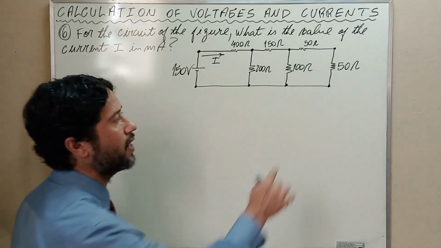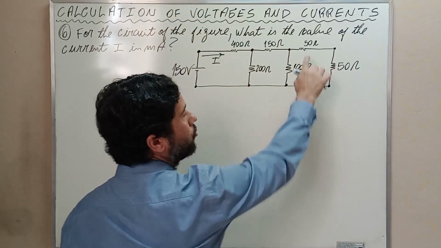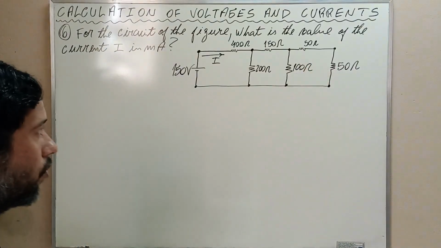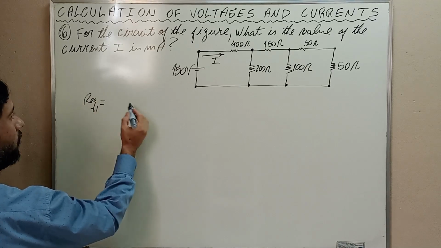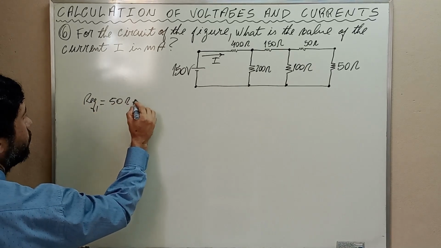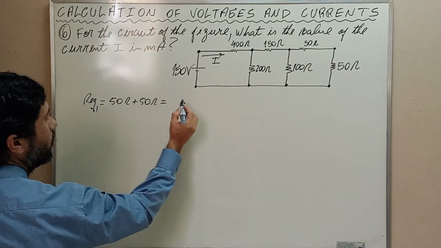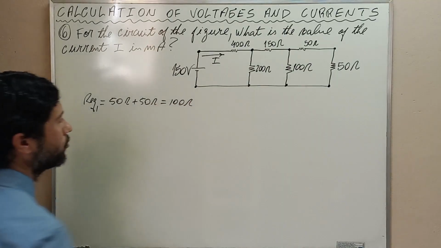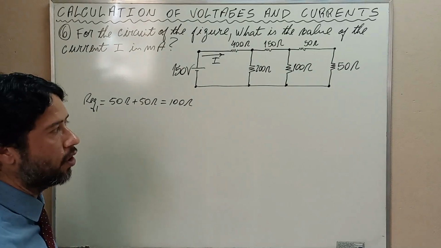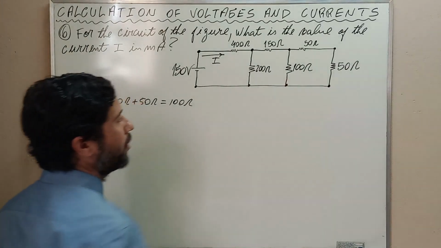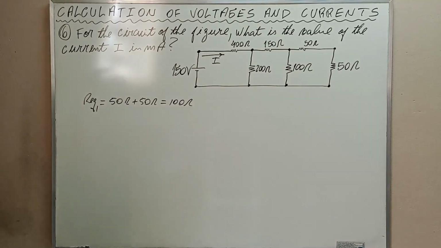Observe firstly that these two 50 ohms resistances are in series. Thus, equivalent resistance number 1 is equal to 50 ohms plus 50 ohms, which is 100 ohms. Observe now that this 100 ohms appears in parallel with this 100 ohms. And how can we calculate the parallel combination between two resistances?